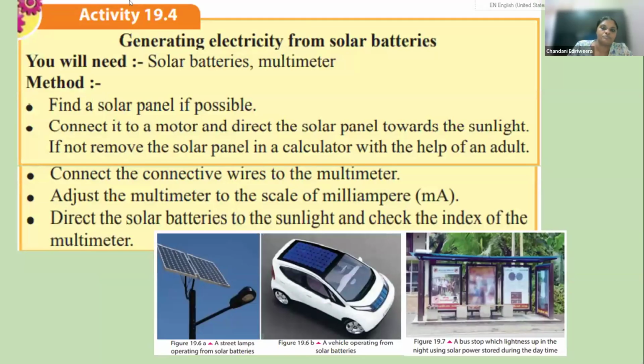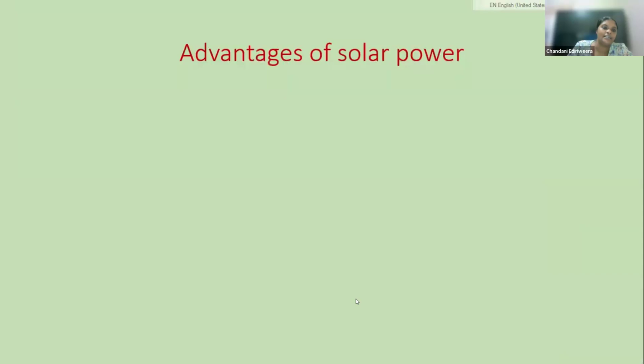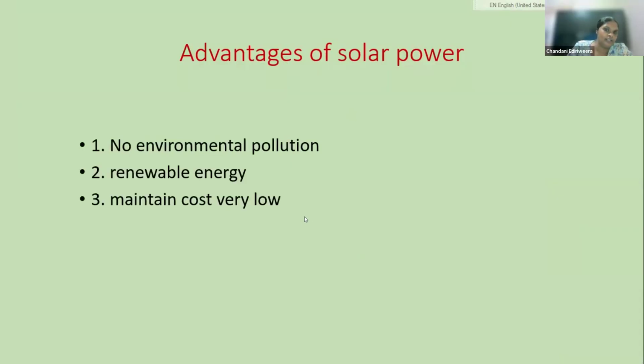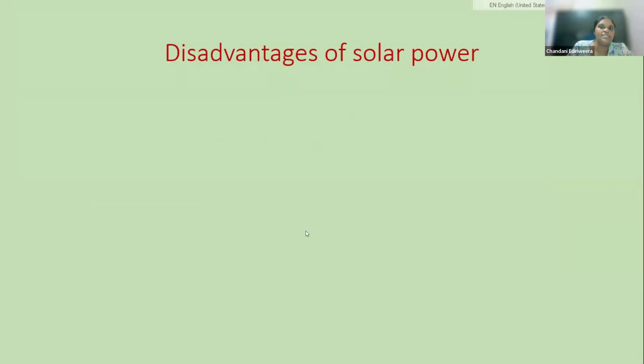Solar cells can produce electricity, and there is no environmental pollution, and it is a renewable energy. So it is very important. And the maintenance cost is also very low. But there are some disadvantages.